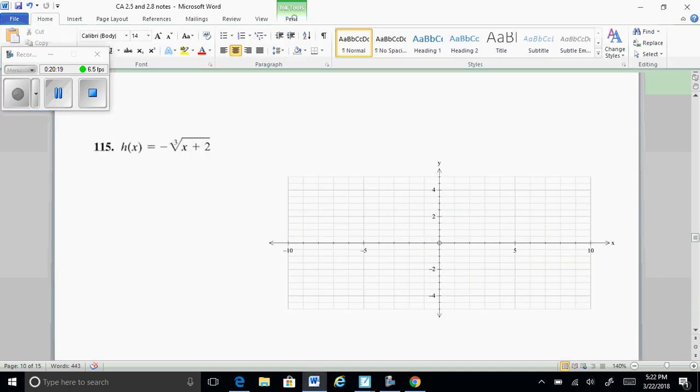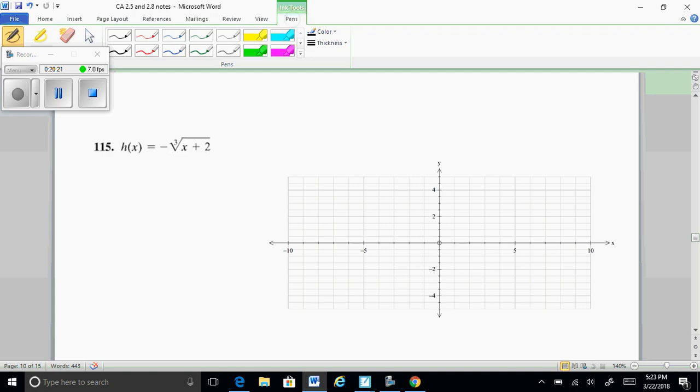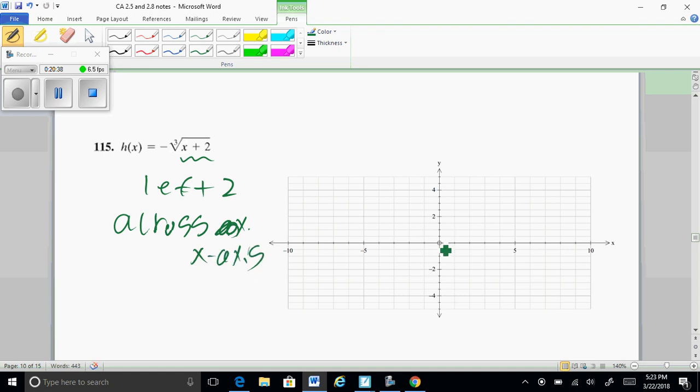So what we're going to do here is we got two transformations. First, we're going to go left 2, and then we'll go across the x-axis. All right, so we'll plot those starting points.